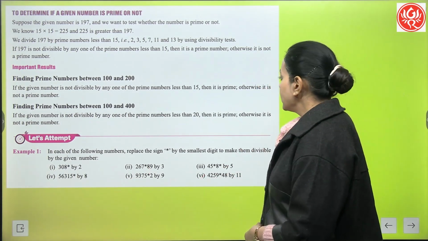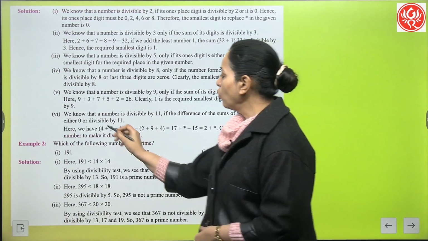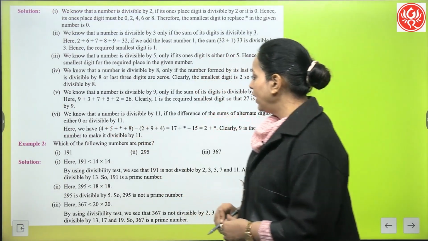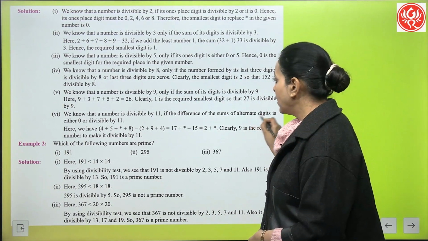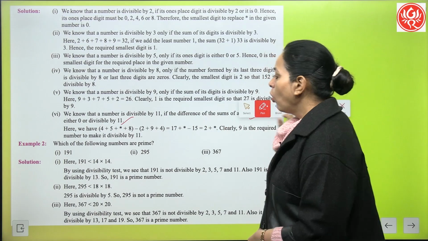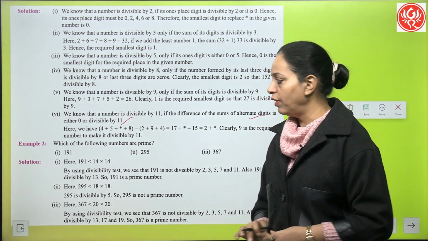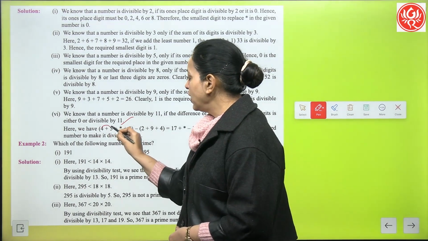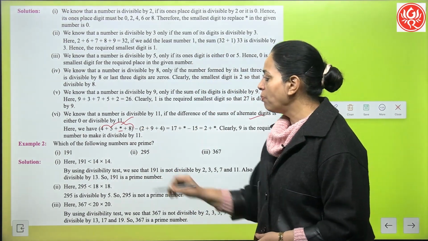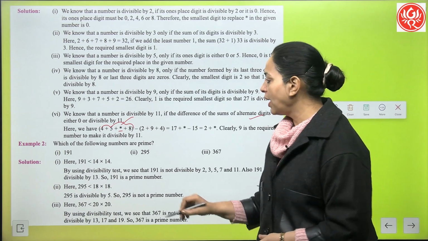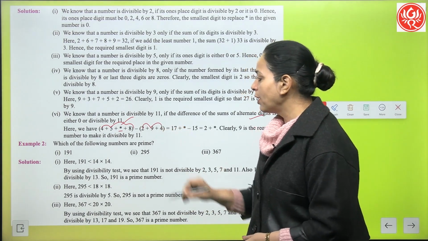We can find it out like here. We know that a number is divisible by 11 if the difference of the sums of the alternate digits is either 0 or divisible by 11. तो हम क्या करेंगे? alternate digits का sum लिया जिसमें से एक missing है. 4 plus 5 plus dash plus 8 minus 2 plus 9 plus 4.